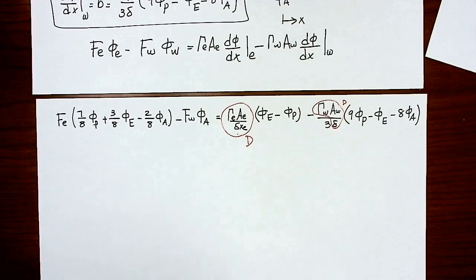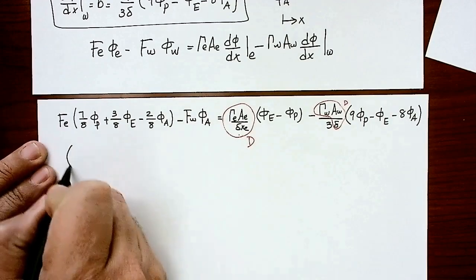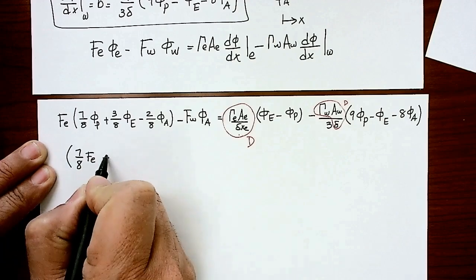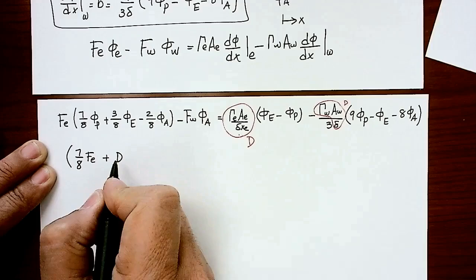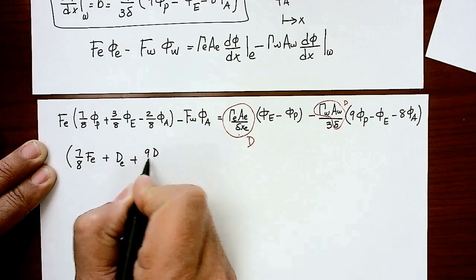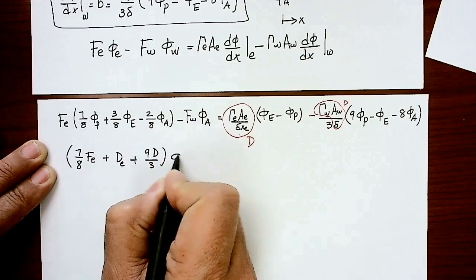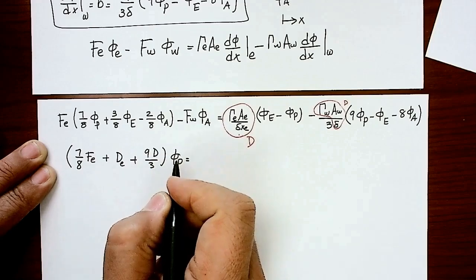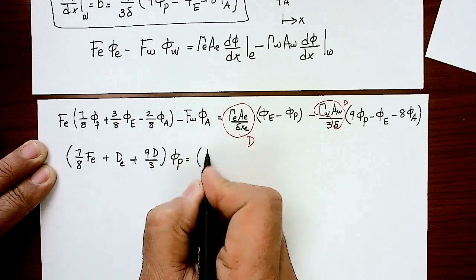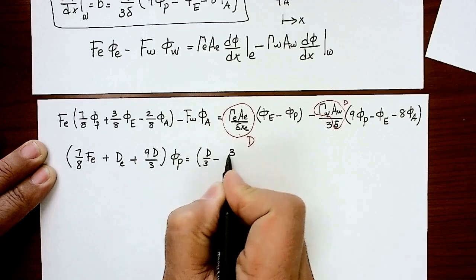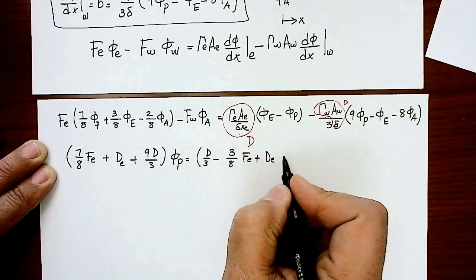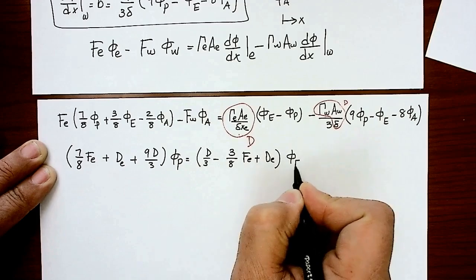So if you collect the terms, you're going to have 7 over 8 Fe plus De plus 9 D over 3 phi P is equal to D over 3 minus 3/8 Fe plus De, that's phi east.